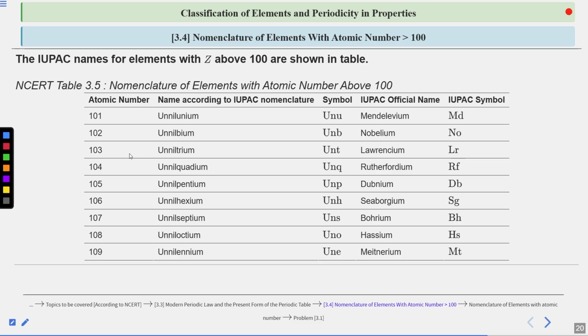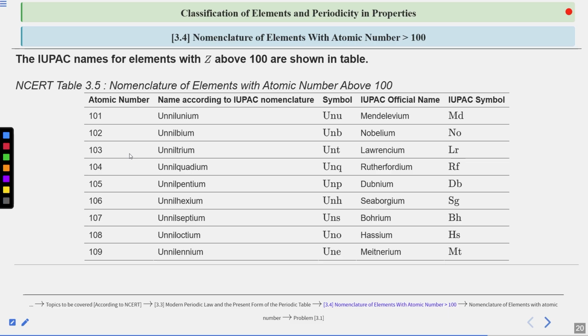Now several atomic numbers are given, and accordingly their symbols and nomenclature are also given. Apart from this, the IUPAC official name is also given. So these elements have their IUPAC official name, but although they have one, you can use the IUPAC nomenclature.